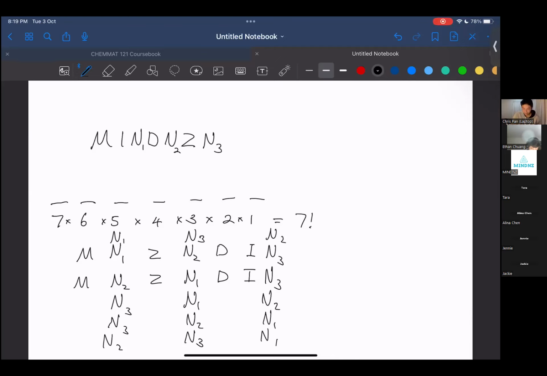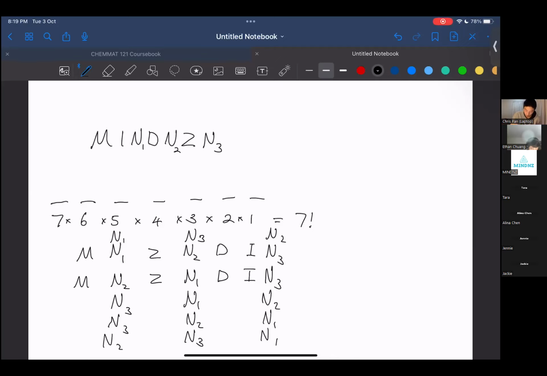Okay, so maybe it's not clear, but there are 3 factorial ways of arranging 1, 2, and 3, right? Because, using the same logic, there's 3 numbers for the first spot, 2 for the second, and finally 1 for the last one.